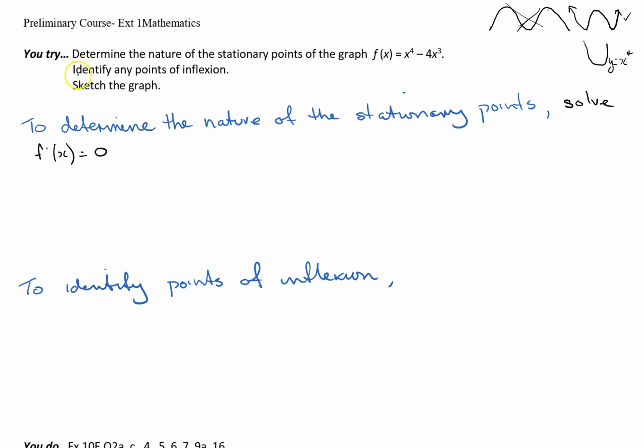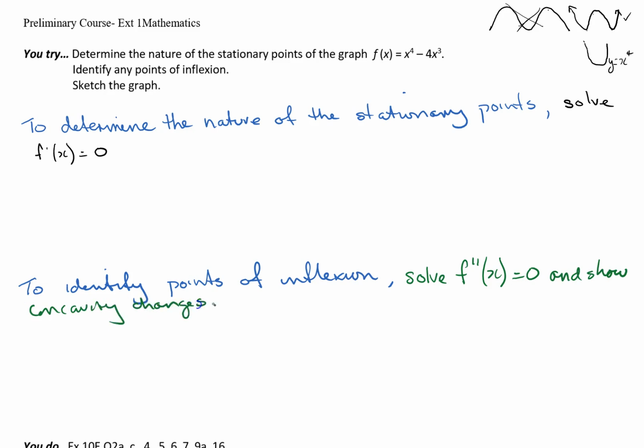The second part to the question, identify any points of inflection. Well, that's the one we've just been looking at in this exercise. To identify points of inflection, solve f double dash x equal to 0 and show concavity changes.